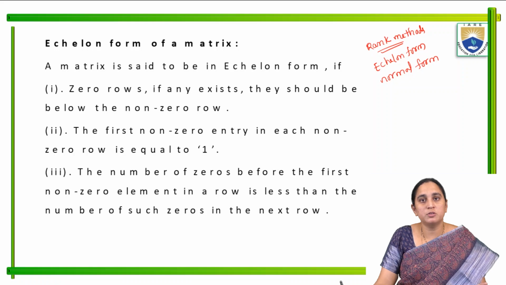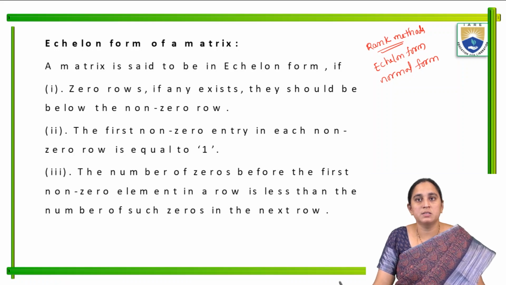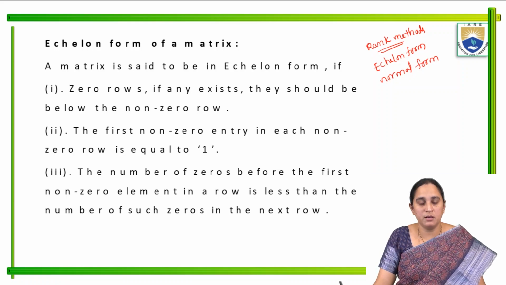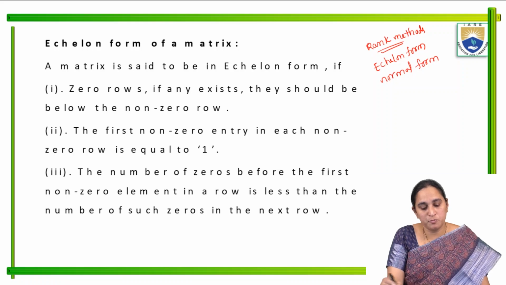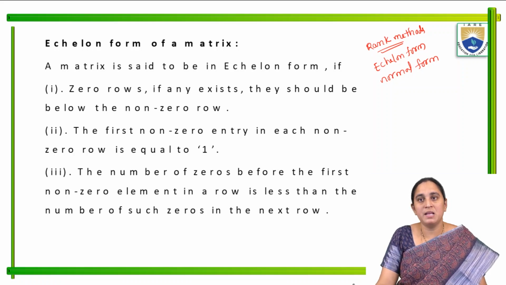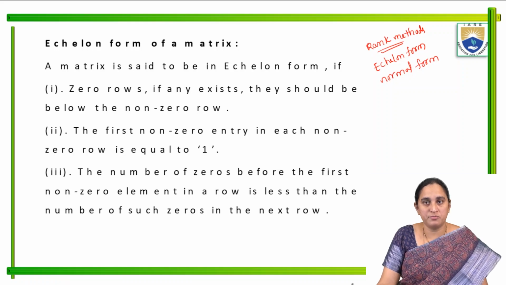Okay, what is the concept of this? A matrix is said to be in echelon form if, first point, zero rows, if any exist, they should be below the non-zero rows.